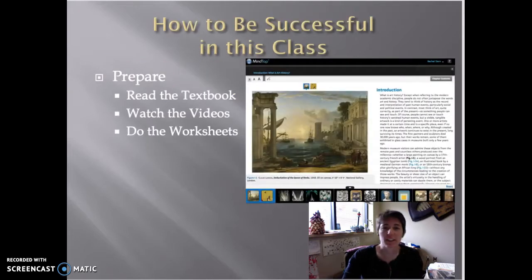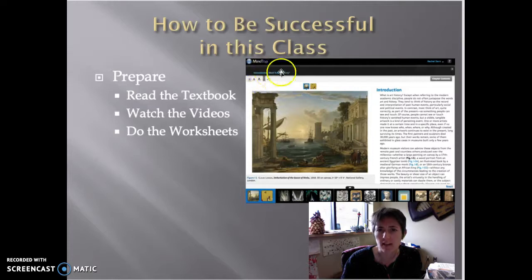So, how to be successful? First thing, you always should be preparing. Preparing in this class means reading the textbook. If you have trouble reading, you're not comfortable just sitting and reading for a long time, actively use the worksheet while you do the reading, so you can write down some notes, or highlight things in the textbook. MindTap has a little read speaker thing.